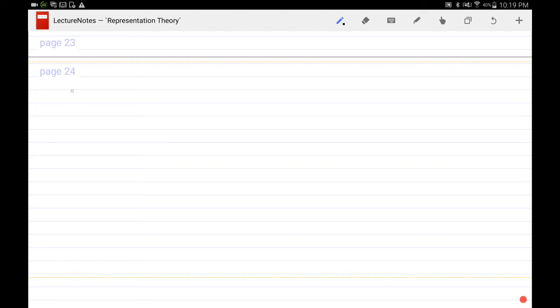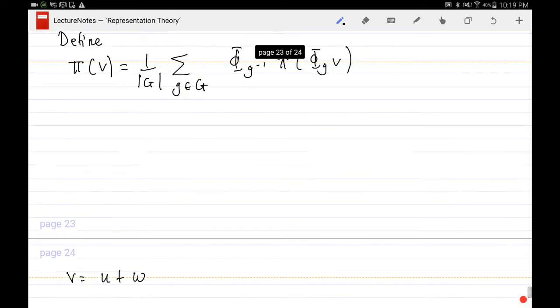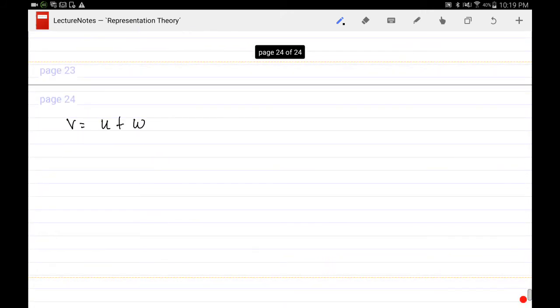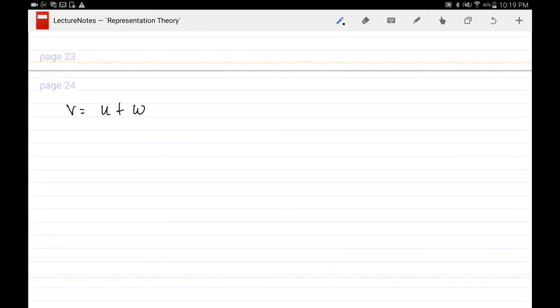Let's remember that V can be written uniquely as U and W. By the way, we now see why we need the characteristic of K to be co-prime to the order of the group G, because you can see later on that we'll be summing things, and we don't want to get 0 when we add this sum. Okay. So let's investigate the summand.